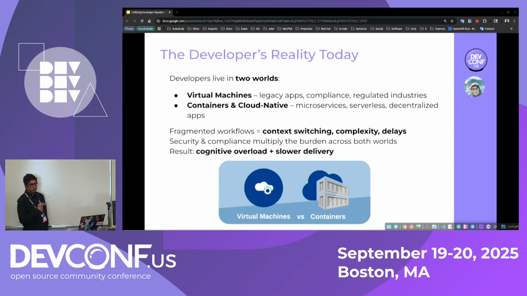Hi guys, I will present some definitions. For example, currently developers live in two worlds. Let's call one legacy, that basically uses VMs, and the other one cloud, where we use containers.